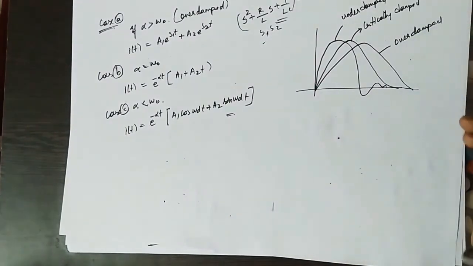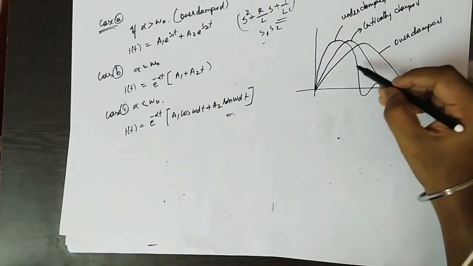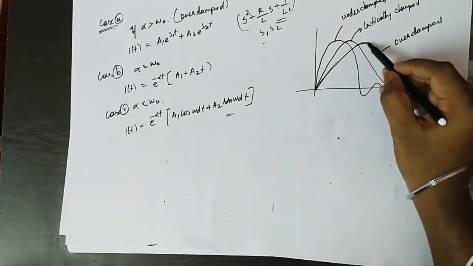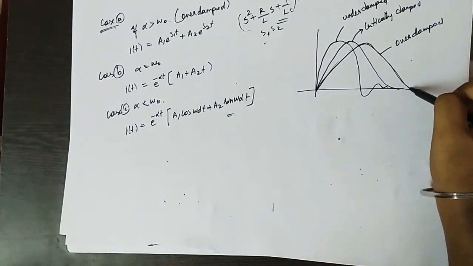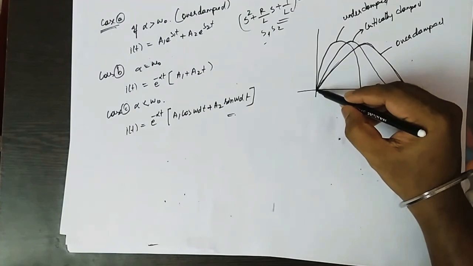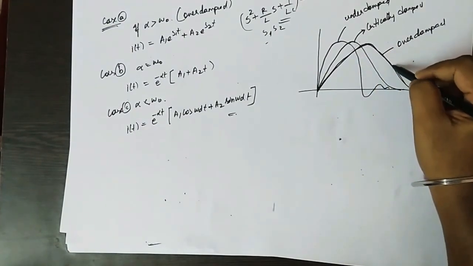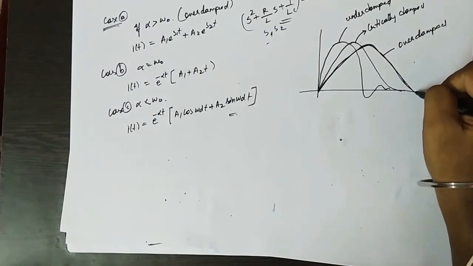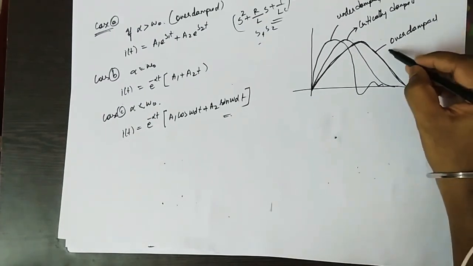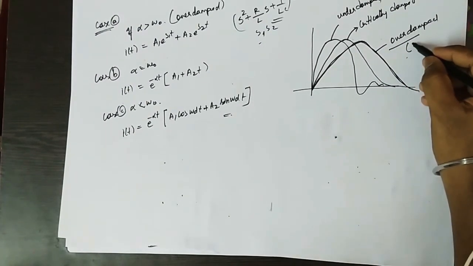If you observe carefully, this overdamped response takes much time to settle, based on the natural frequency of the RLC circuit. That means an overdamped system is very sluggish, with a slow response.